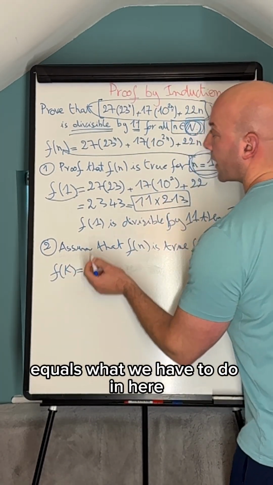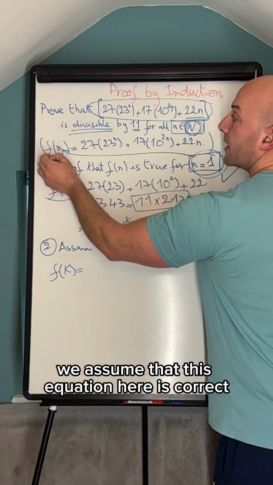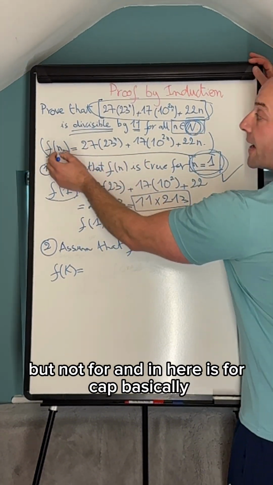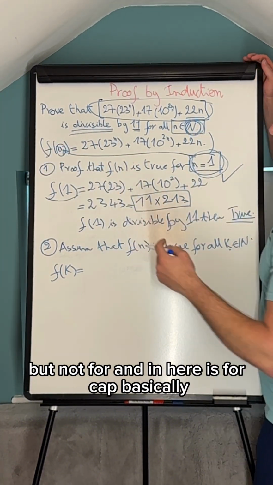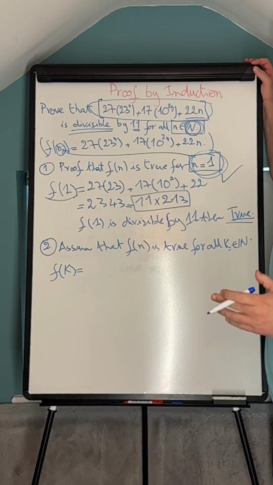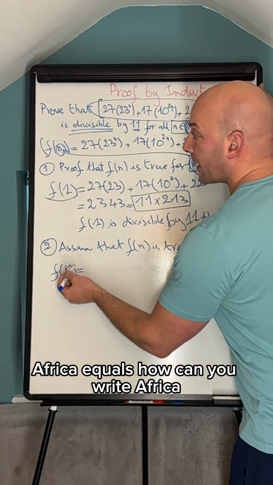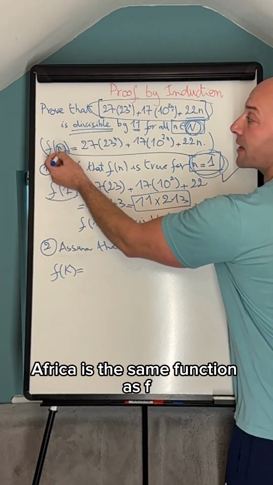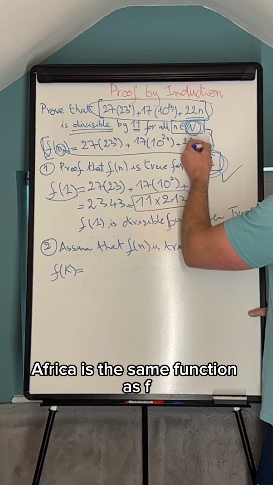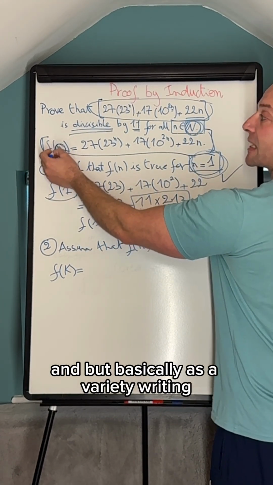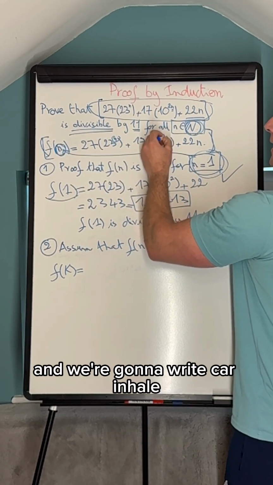We assume that this equation is correct, but not for n; it's for k, where k belongs to N. To keep it simple, n and k are just symbols here. How can we write f(k)? f(k) is the same function as f(n), but instead of writing n, we write k.